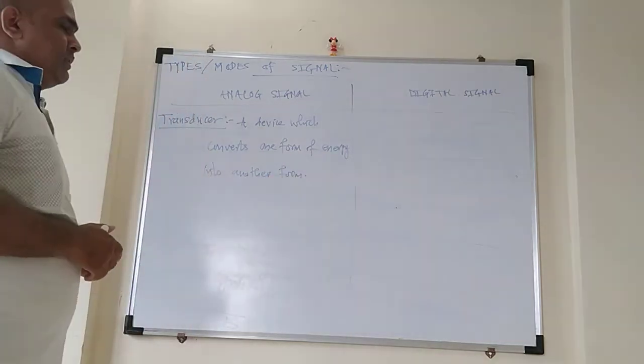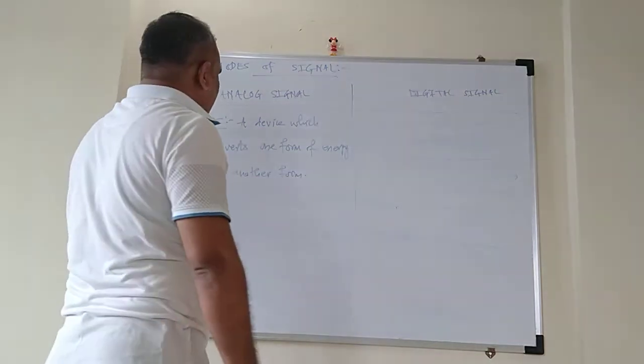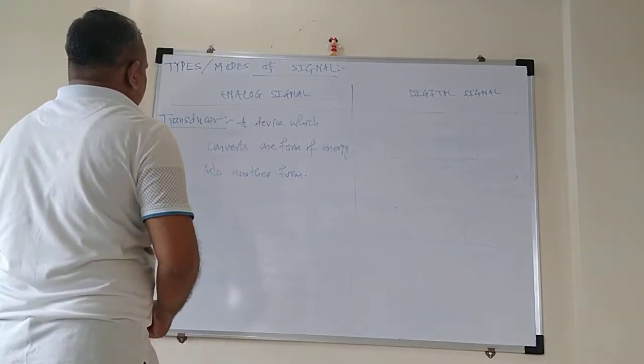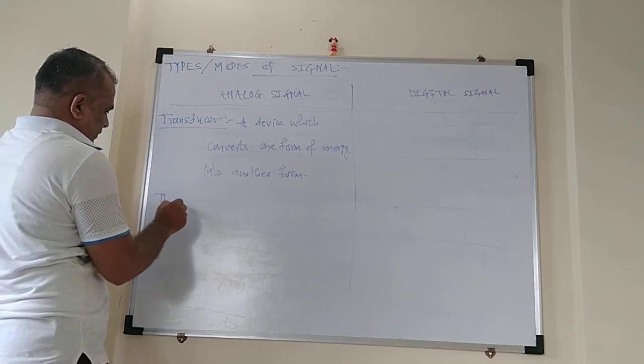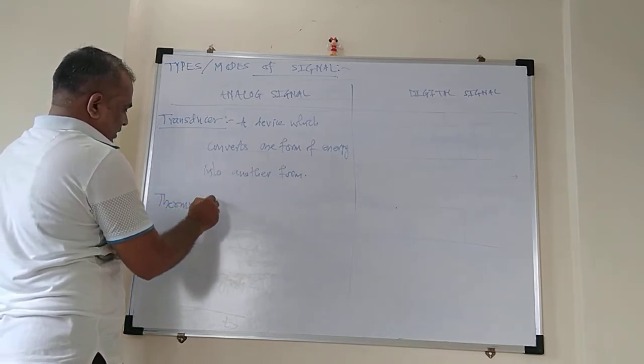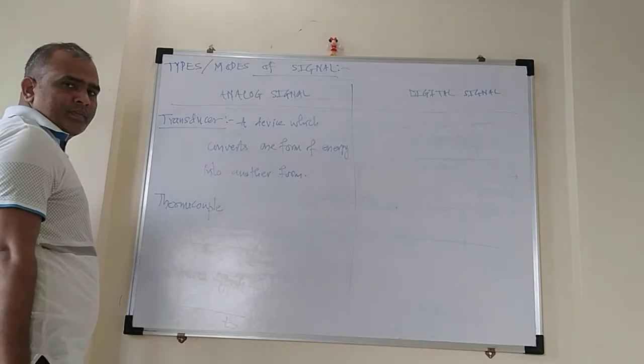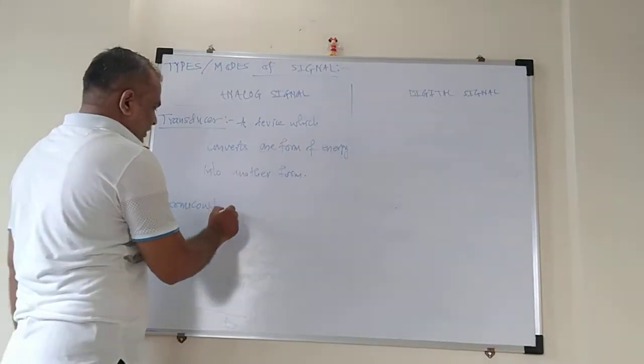What are the examples of a transducer? You can take the example of the thermocouple, thermistor. Fine. What is this thermistor?